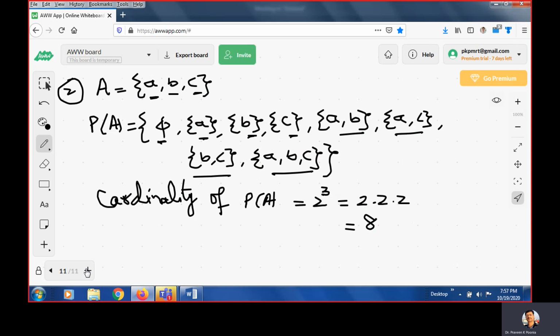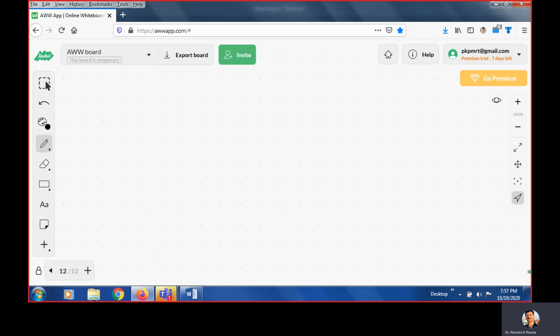Clear? Now, some of the things I want to mention in the last slide. What are the important things? Property number 1, there are some properties you need to study.